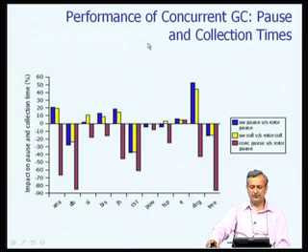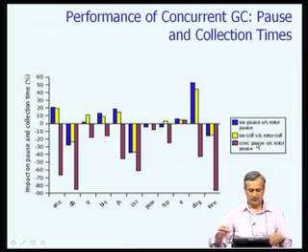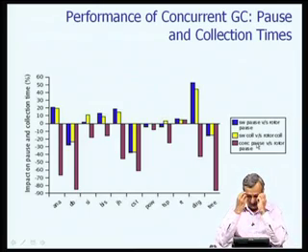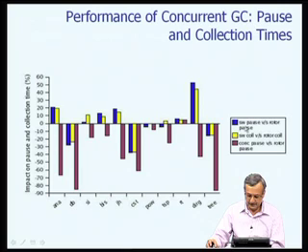So, let us look at the performance of the concurrent garbage collector. First, let us look at the pause and collection times. This is the impact on pause and collection time, in percentage. What we have shown here in blue is the stop the world pause versus rotor pause.